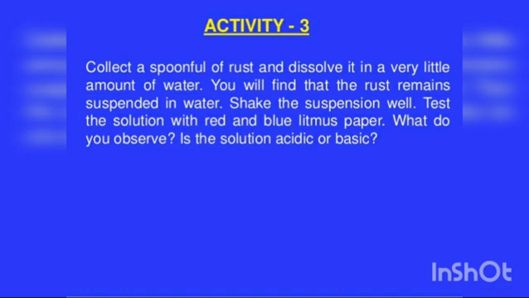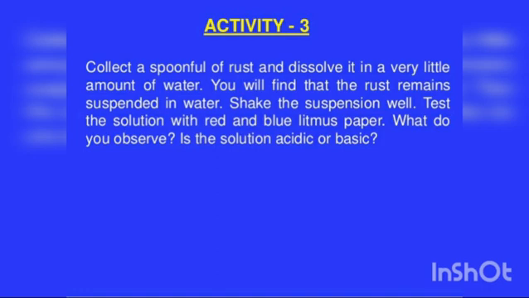So this is the activity you are going to do. Understood? Collect a spoonful of rust, whatever rust collected on the nail or any other iron material, and dissolve it in very little amount of water. You will find that rust remains suspended in water. Shake the suspension well. Test the solution with red litmus paper.